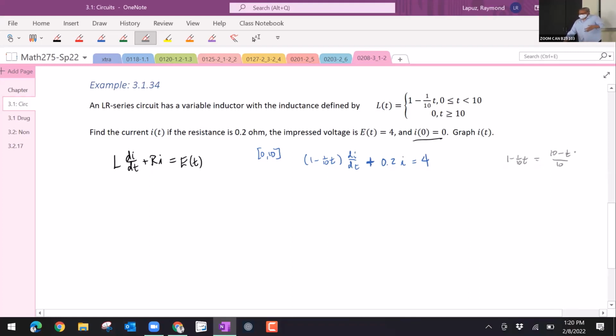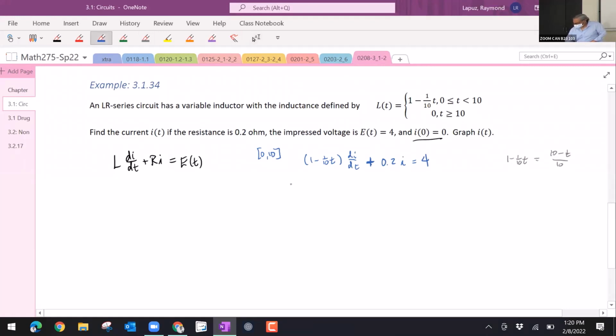Now if we're dividing it out, we can think about multiplying by the reciprocal, so we can keep track of where these things go.